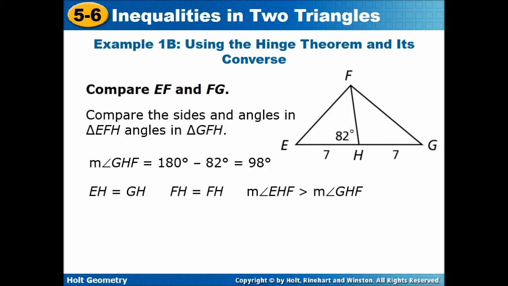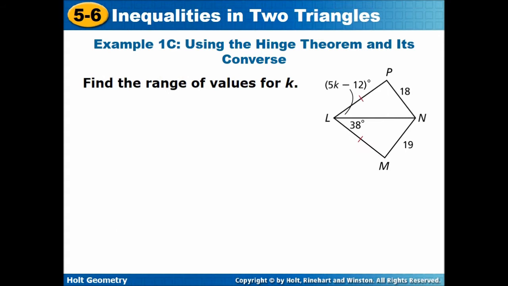But the measure of EHF is greater than the measure of GHF. But by the hinge theorem, EF has to be less than GF. Okay? So that's what we're taking back from this in terms of a takeaway.